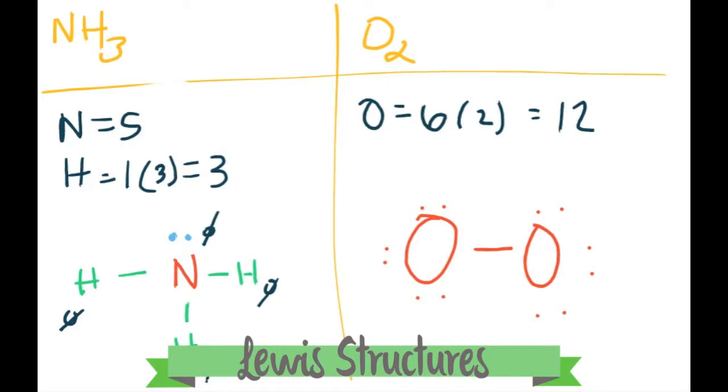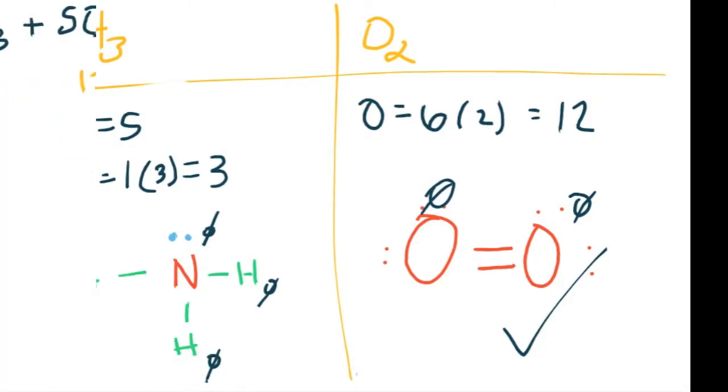However, each oxygen has 7 valence electrons now, when it actually has 6. Therefore, we can remove a pair from each of the oxygens to then create a double bond. Now we can check. Each of the formal charges is 0, therefore this Lewis structure is correct.